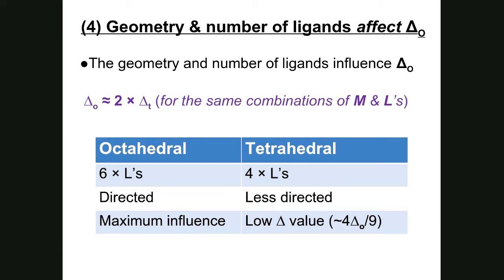If you calculate the value of delta for the same ligands, say 6 chloride ligands bonded to a metal ion, and 4 ligands for the same metal ion, then the amount of splitting in a tetrahedron will be 4/9 of the delta O. So if you are given the splitting amount in an octahedral complex, and you've got a similar tetrahedral complex, then you must know that the splitting will be a fraction, 4/9 of that value.